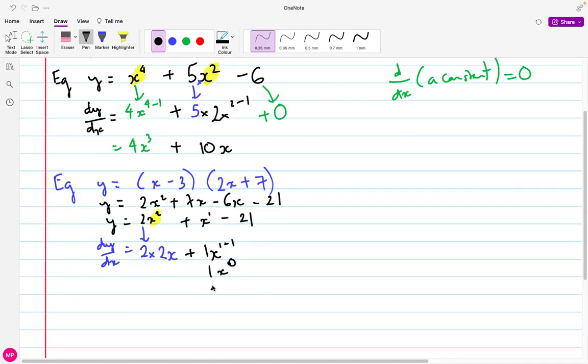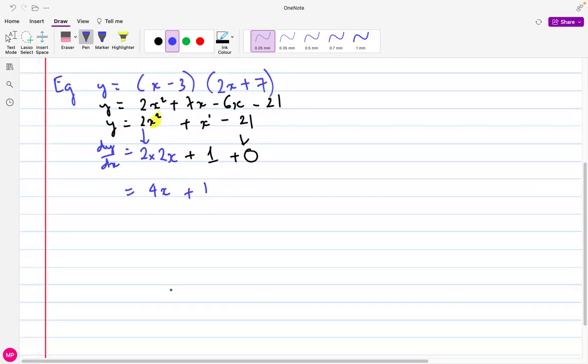So technically just 1. Okay, so the derivative of x equals 1. And then the derivative of 21, the derivative of a constant is 0. You don't have to write that. So the final answer will be 2 times 2x is 4x plus 1. And you're done. All right.